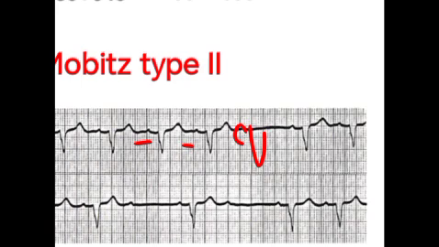In Mobitz type 1, we have progressive prolongation of the PR interval and then a drop. But here, the PR interval is normal and there is a drop. You see here, this is a drop: a P wave but no QRS complex. This is simply about Mobitz type 1 and type 2.